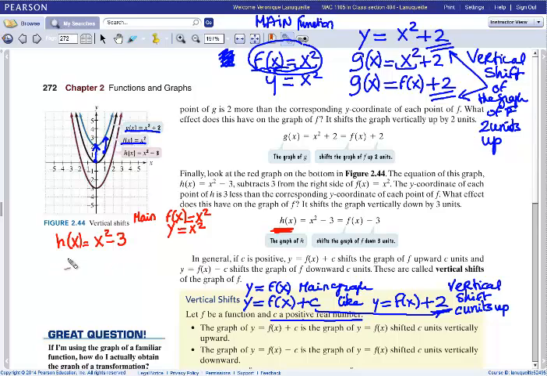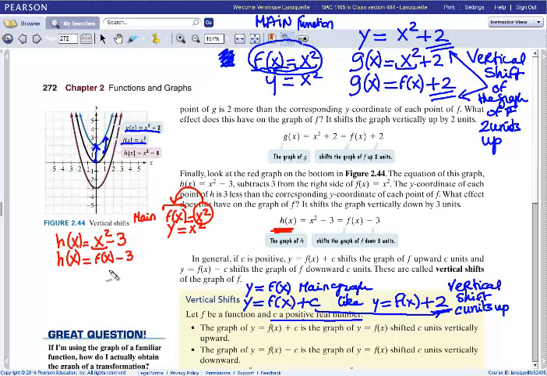So let's see how we can think about it. We can write it as h of x is equal to, don't forget x squared stands for what? Stands for f of x. So you can write h of x is, now I'm saying x squared, so call it what it is. It's f of x. Take away 3 now.